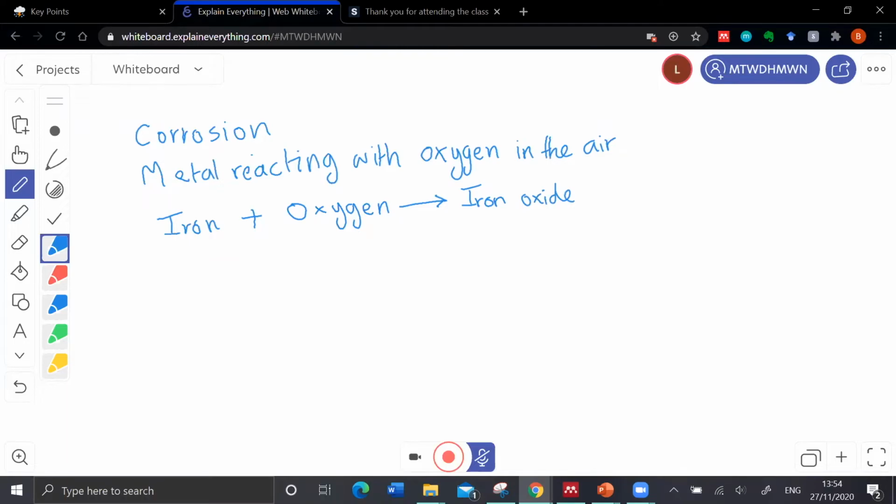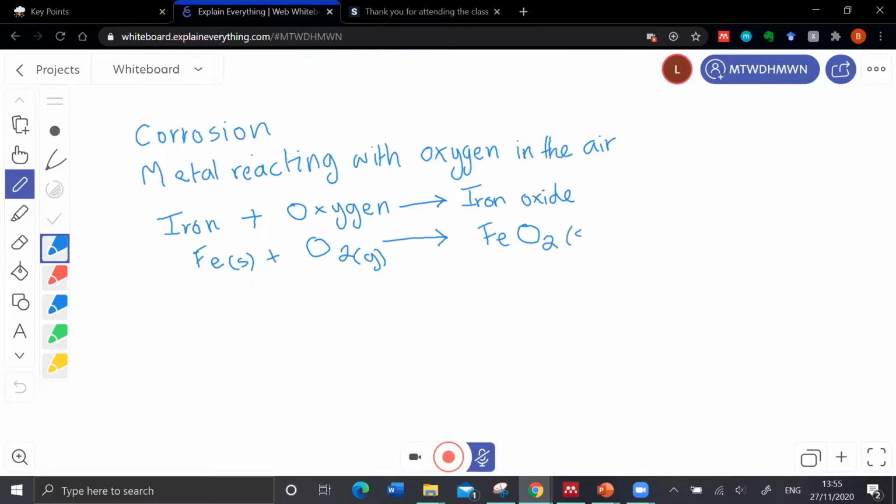Okay, so what symbols go with that? Iron is Fe, solid at room temperature. Oxygen is O2, a gas. Iron oxide is Fe2O3.